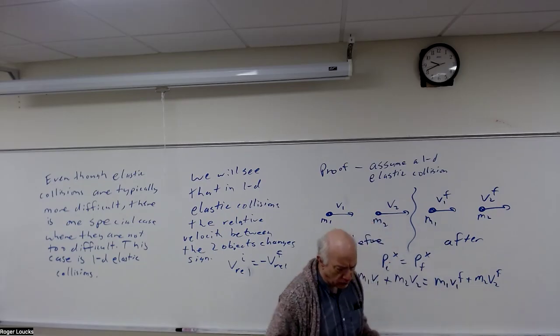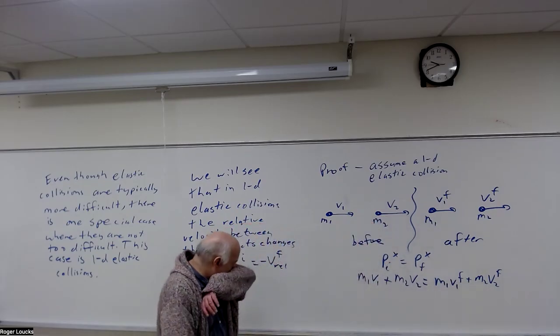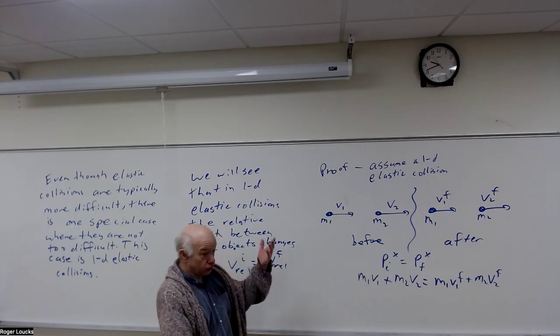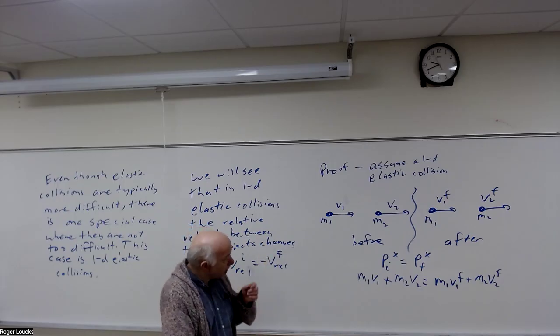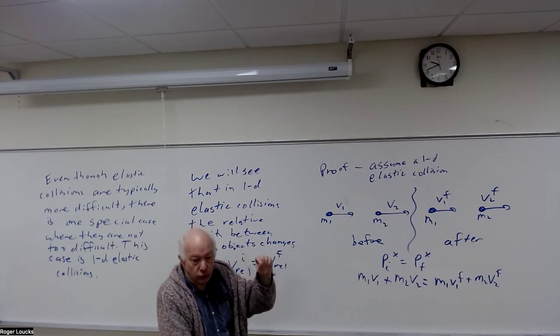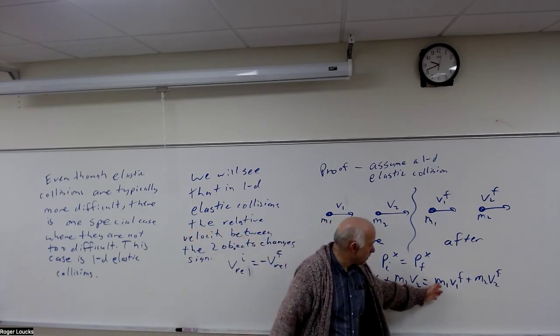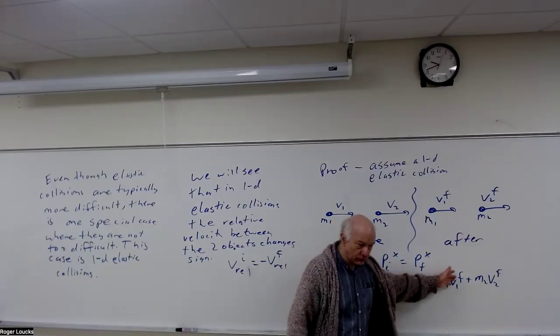Do the masses cancel? They do not. Why don't the masses cancel? Do you have two different masses? Two different masses, they don't cancel. Now, the only reason I'm doing this is that I know how I'm going to use this result. I'm going to take all the M1s over here and all the M2s over here.